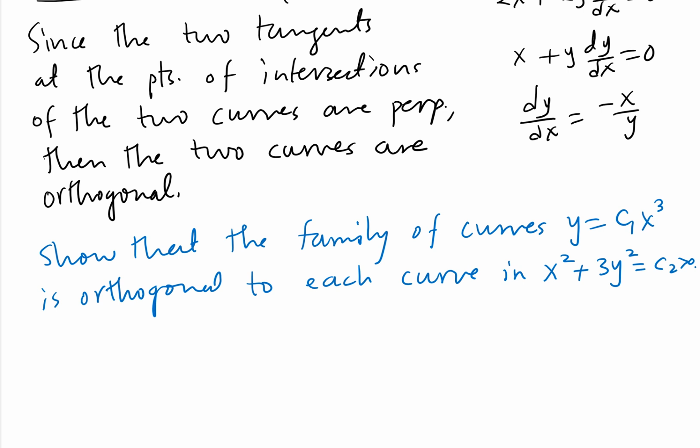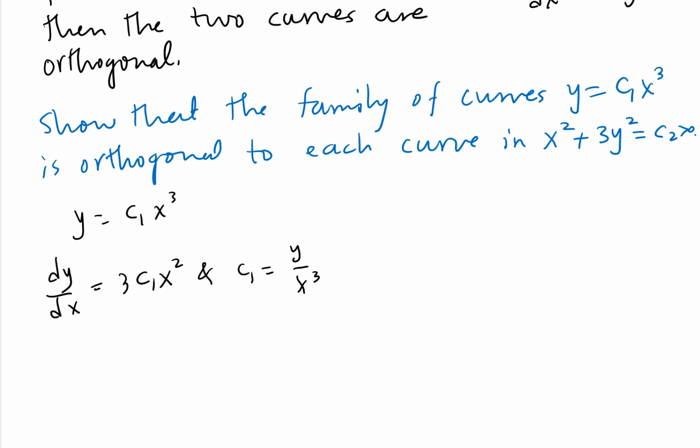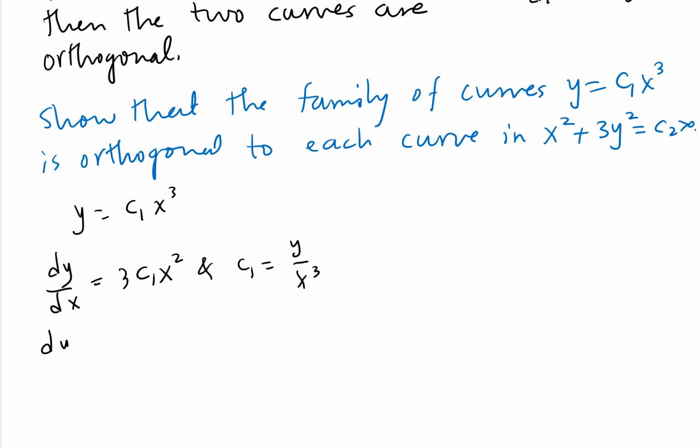And how do we do so? From the first curve, y equals c1x cubed, we can solve for dy dx, which is 3c1x squared. Keep in mind c1 is y over x cubed. I'm getting the slope by finding dy dx.